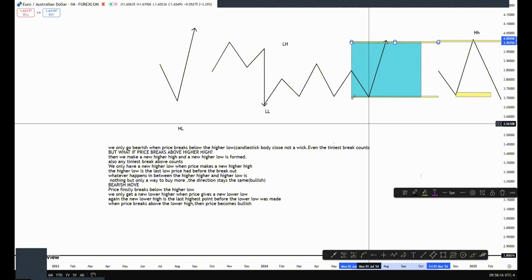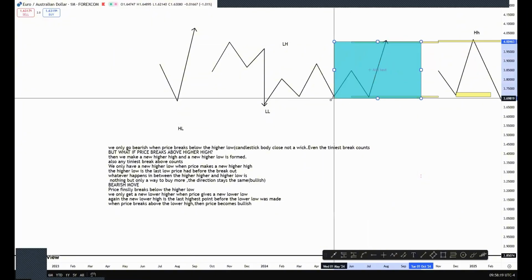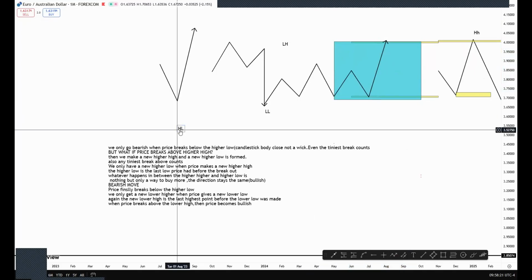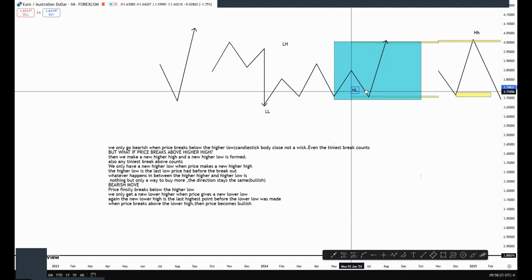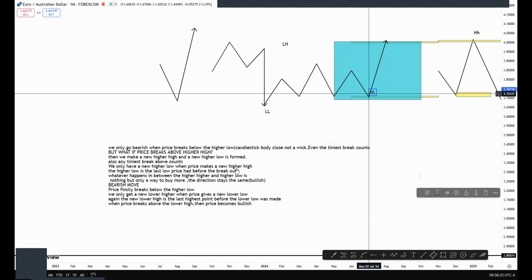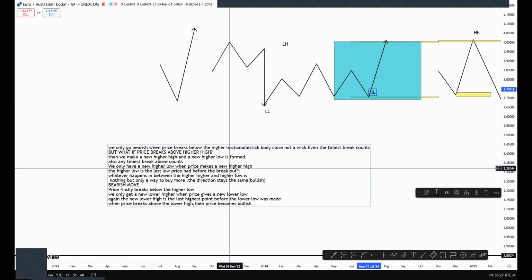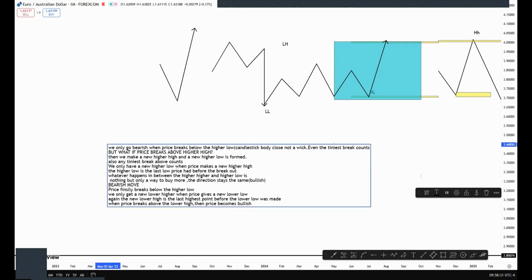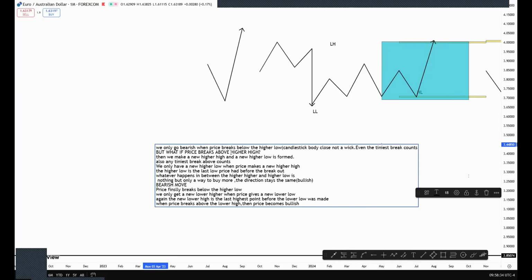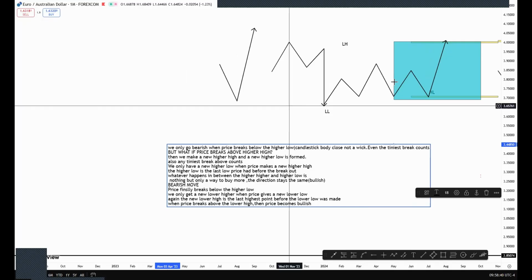Okay. And what becomes our new higher low? Is it this point or that point? If you remember, I told you the higher low is the last... Did I tell you the higher low? We only have a new higher low when price makes a new higher high.